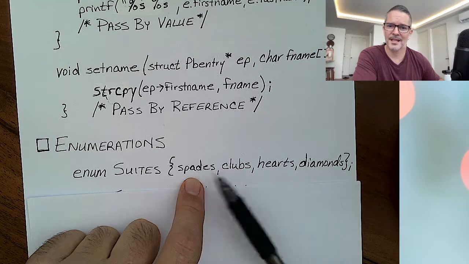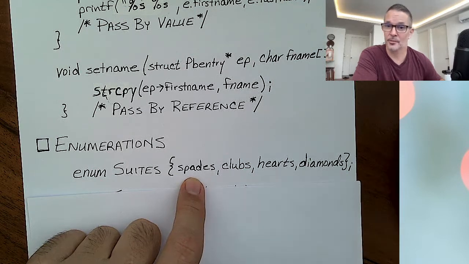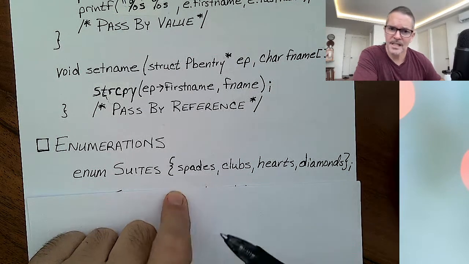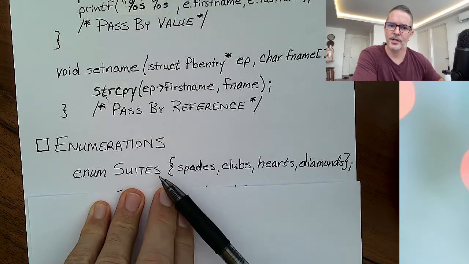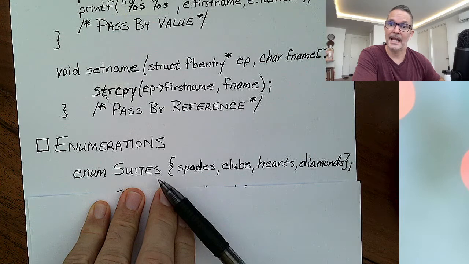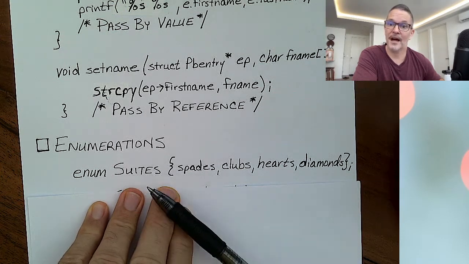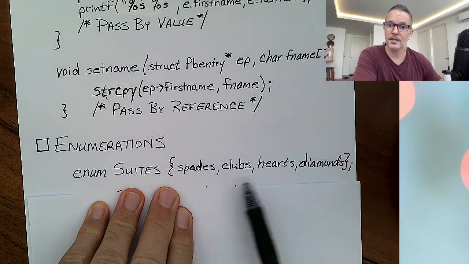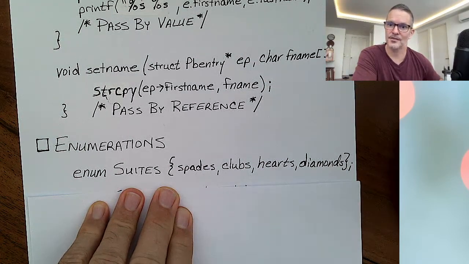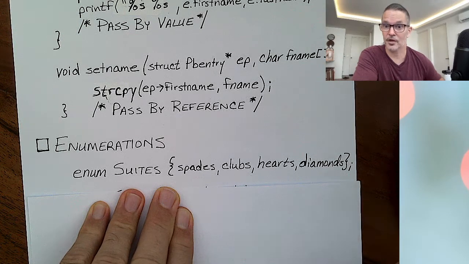These are more like special variable names. So what I'm defining here is I'm saying I want to define an enumeration of name suits, and the possible values of this enumeration are spades, clubs, hearts, diamonds. These are the suits of a deck of cards.